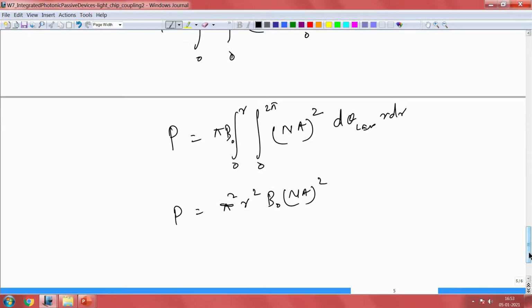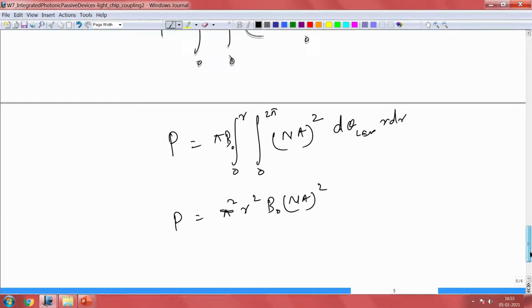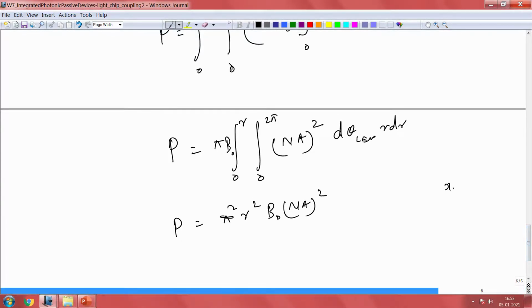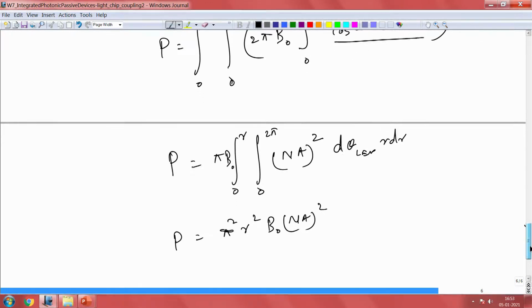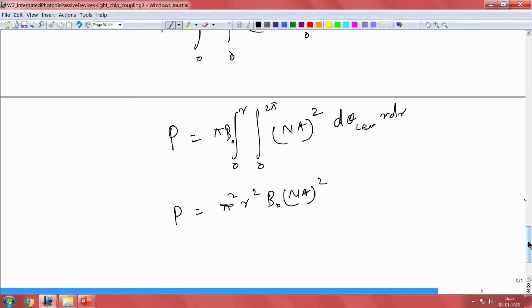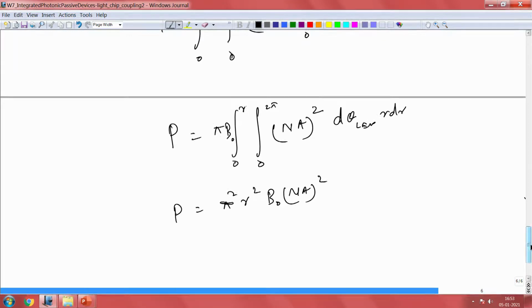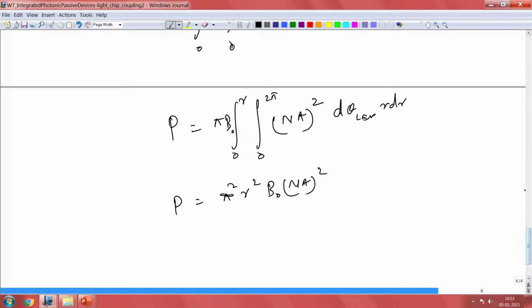If you want to do it for a rectangular waveguide, then you have to do it for both x and y. Okay. So, everything remains the same, but the integral will be along dx and dy, alright. So, that is the only difference that you will see from this, and you can approximate this if your x and y are identical, right.